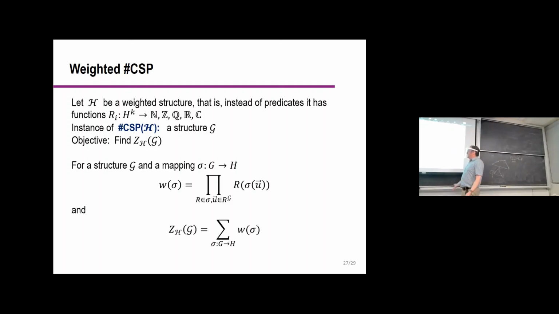The goal is to find the sum of all such things. Now, if my relational structure is just a regular structure, without weights, this R is a predicate, it's 0, 1. Every time it's a homomorphism, it has weight 1, and therefore this thing just counts the number of homomorphisms. If it's something more complicated, I'm counting something more complicated. This is called the partition function in this case.